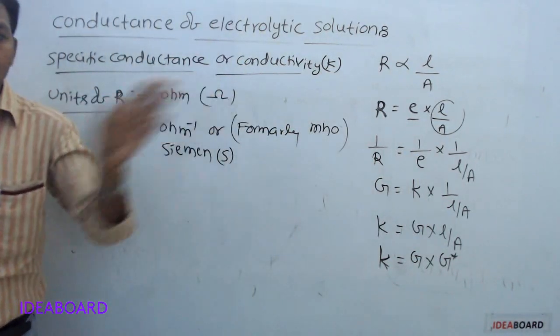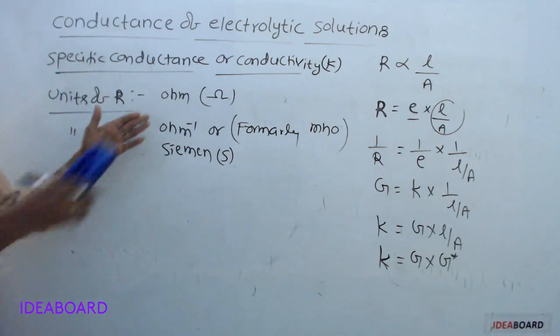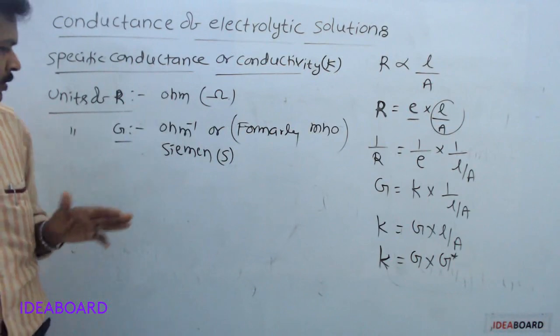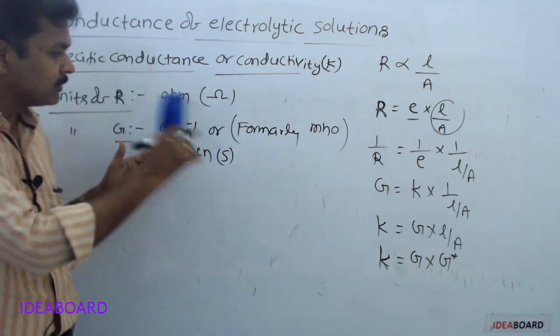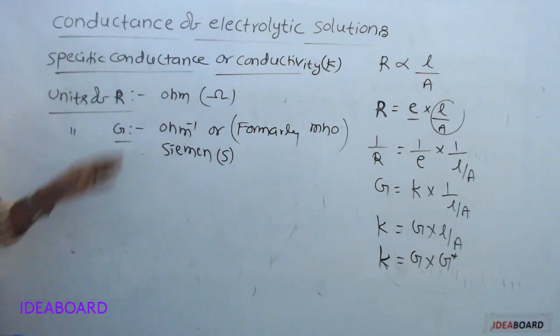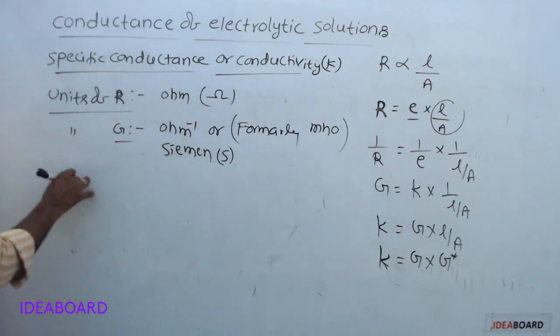Units of R, ohm. Units of conductance, just mho, the reverse of ohm only. Formerly, this conductance was expressed in mho. Units of R, ohm. Units of G, ohm inverse. And in SI units, Siemens.